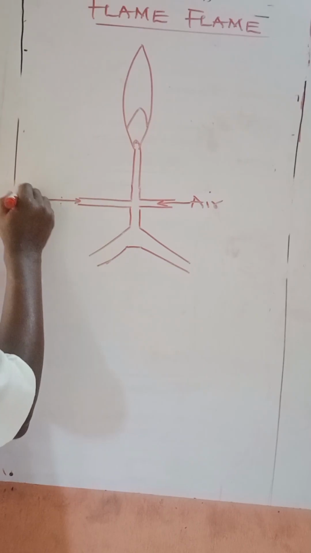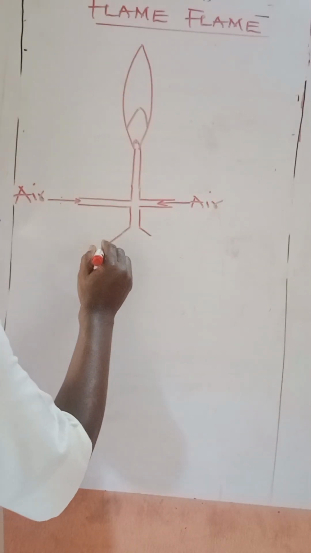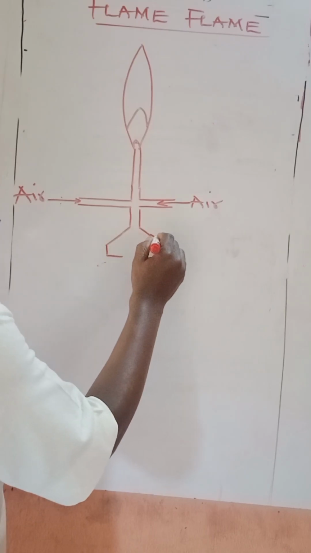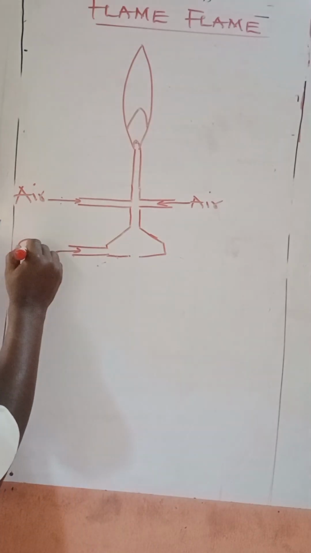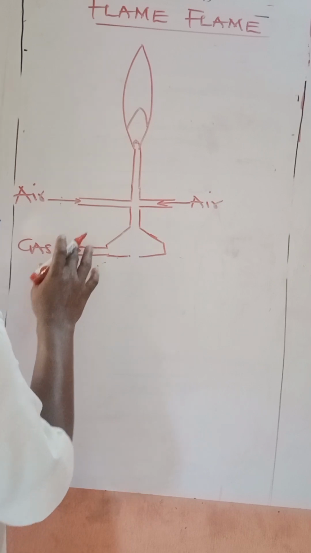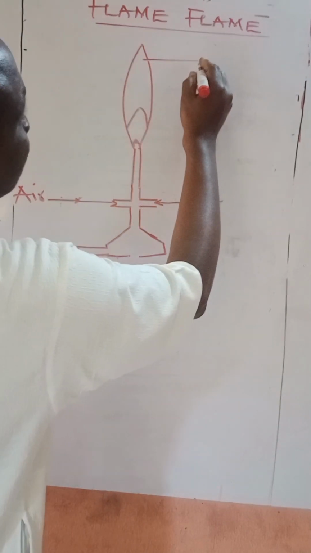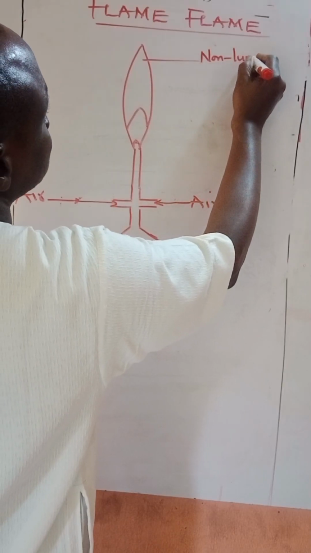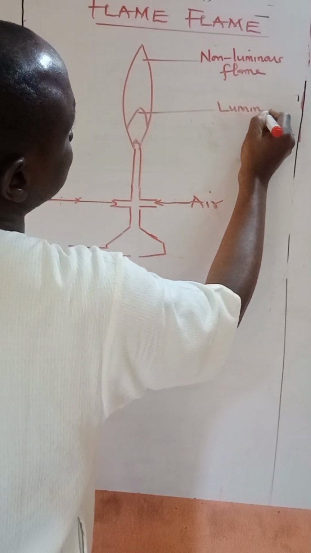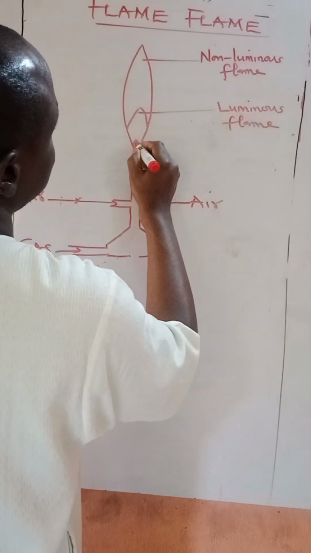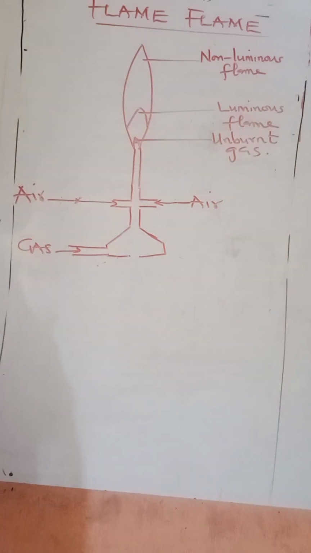Maybe you draw it like this. Definitely there will be passage of gas. So this is gas. This is air for burning. This is air. This is a non-luminous flame. This is a luminous flame. And this one, we call it unburnt gas. That's the diagram of a flame.